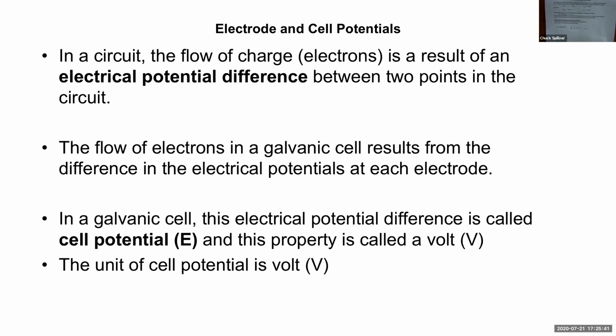But for the electrons to actually flow from one cell to another, the reaction has to be a spontaneous reaction. Spontaneous reactions are reactions that allow electrons to flow from the anode to the cathode.